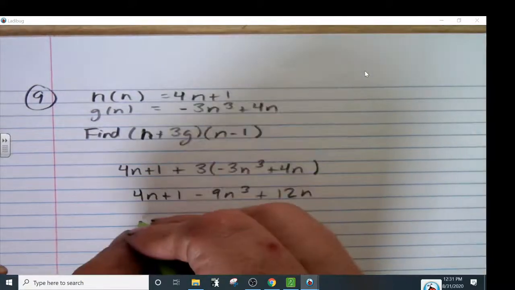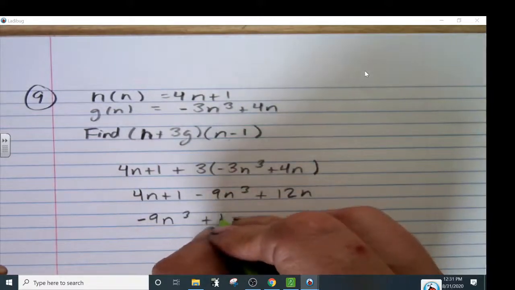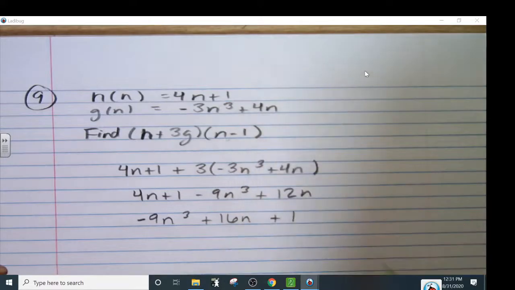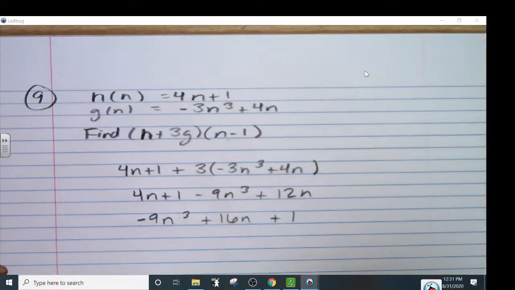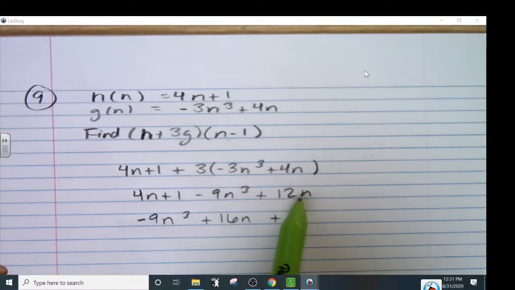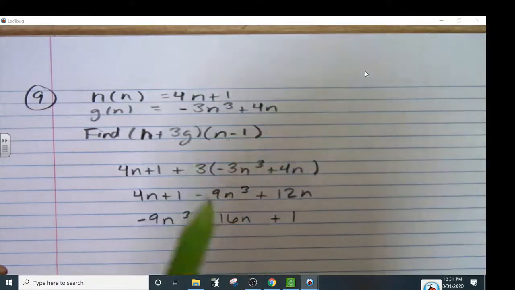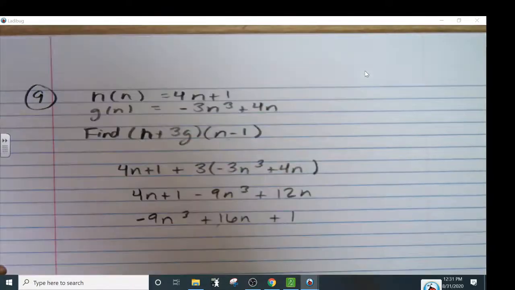So that gives me, so here, guys, I combined those two like terms. 4 and 12n gave me 16n. Then I just wrote it in standard form from the greatest to the least power. Now, what I'm going to do now is I'm going to plug my input value in.